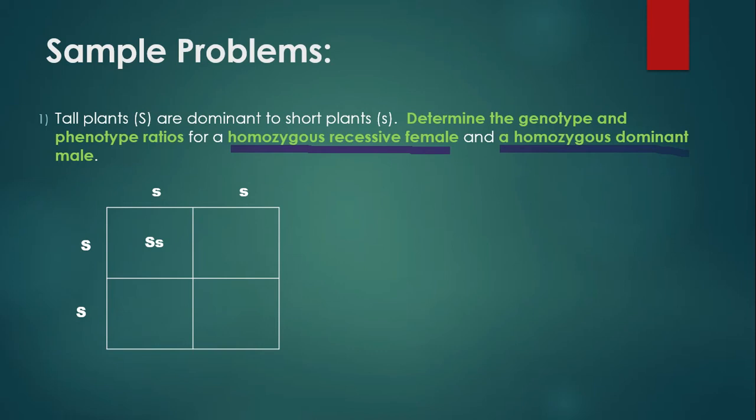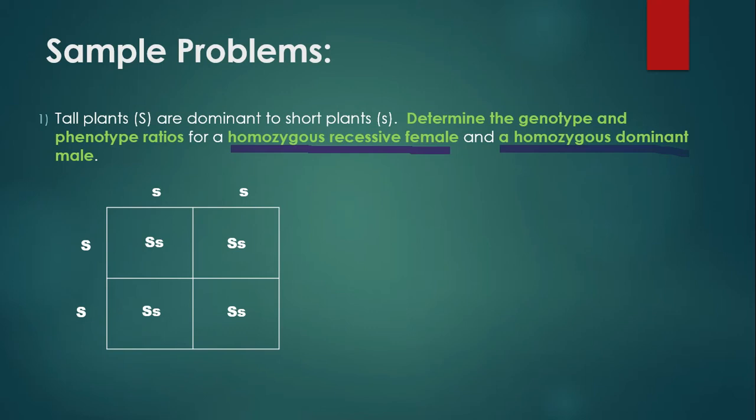Then on the second box, again a capital letter and a small letter, because you have to cross the letters in line with it. On the third box, same, one capital letter and one small letter, and so with the fourth box.